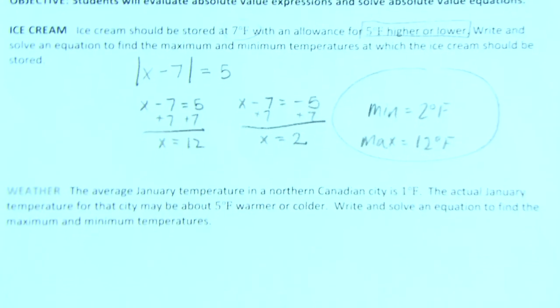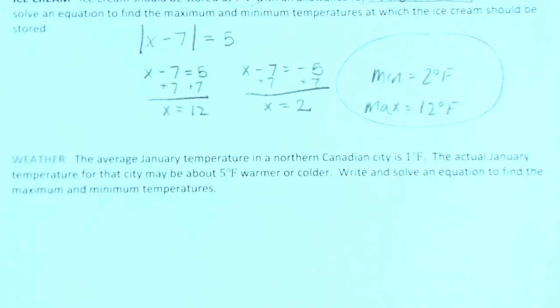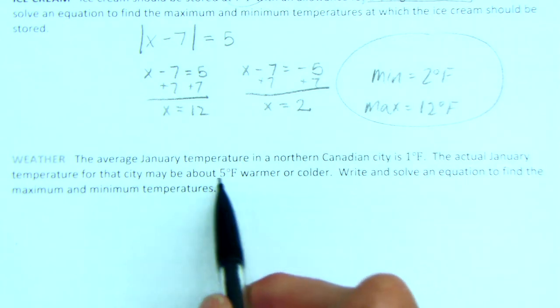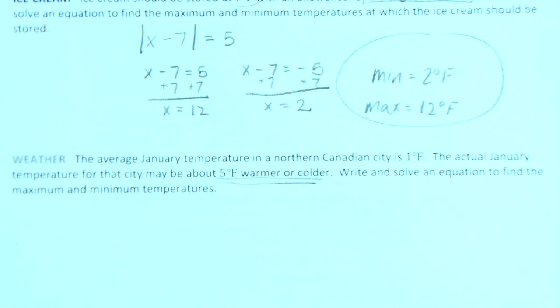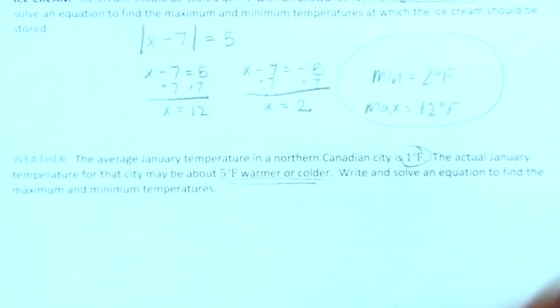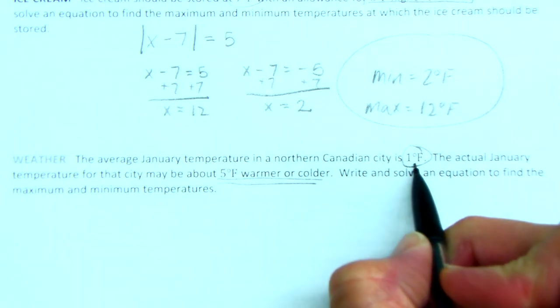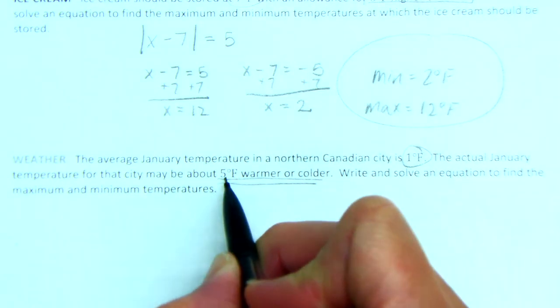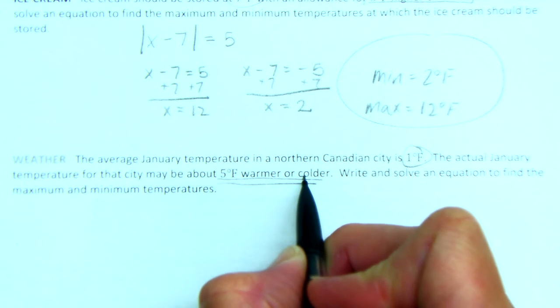The average January temperature in a Canadian city is 1 degree Fahrenheit. The actual January temperature for that city may be about 5 degrees warmer or colder, but this is the actual temp, which means the difference between the actual temp could be 5 or negative 5.